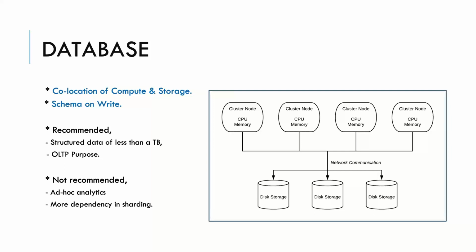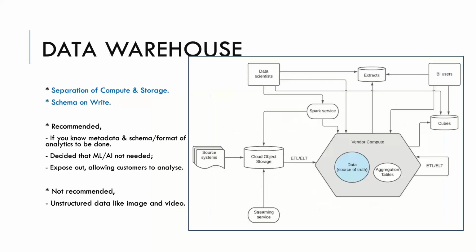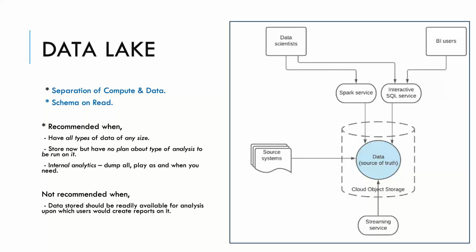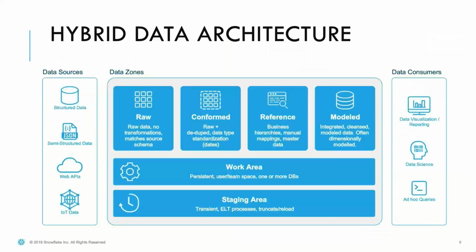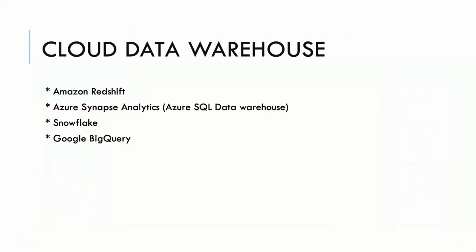For that application to perform, definitely a database will be there. And for that application's analytics needs, a data warehouse will be present. And for that software company to store different kinds of data, a data lake will be present. So there will always be a hybrid architecture, right? It's not going to be one specific thing that could solve all the problems, as I told earlier.